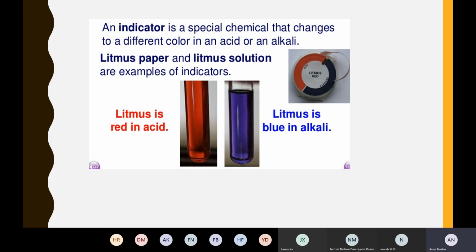Along with this, we are using one more thing that is not mentioned over here, that is pH meter. So you can write it down. What does that pH meter do? It gives you the values, numbers like 2, 3, 4, 5.